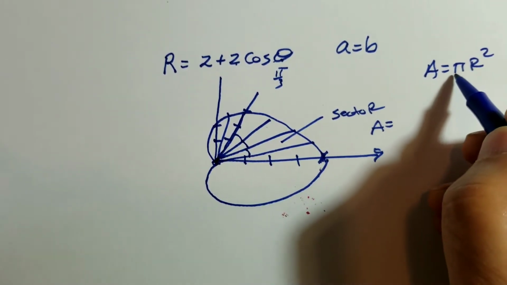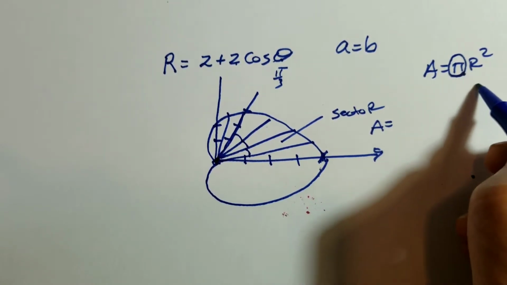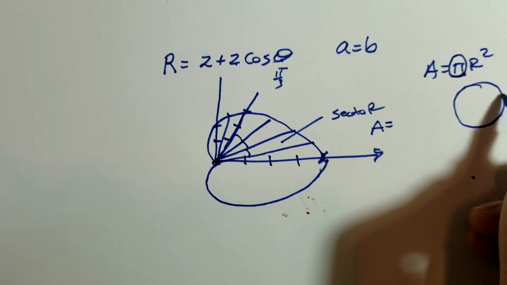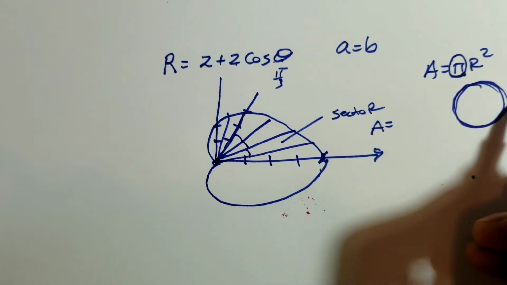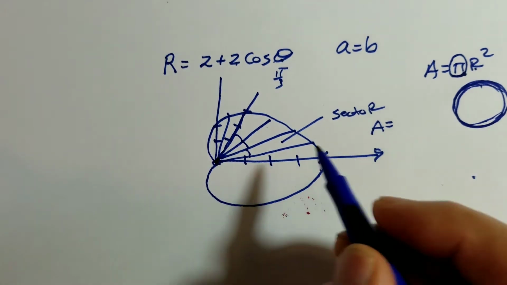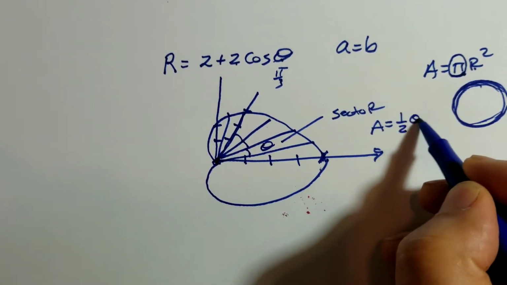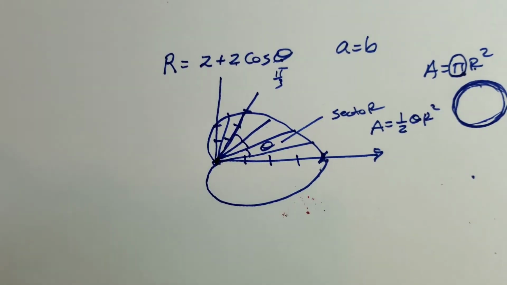For area, you always take half the angle they gave you. For a whole circle, the angle here is 2 pi. For area, you need half of it. You take half the angle times r squared. For this sector, if the angle is theta, you need half of it times r squared.